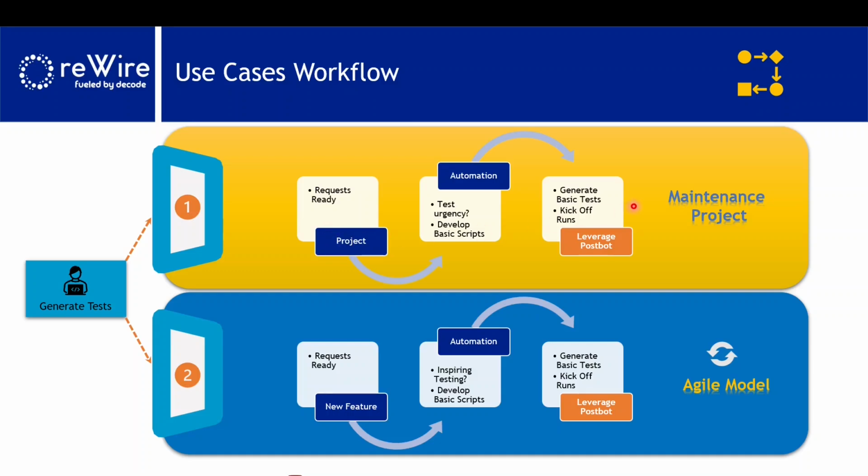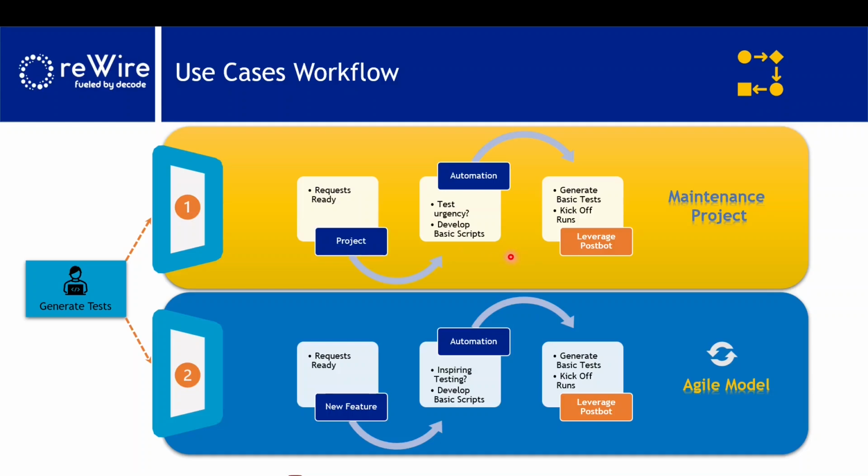But using this particular feature, leveraging Postbot, you can generate basic tests in a span of 5 minutes, and they can be ready for the test run in any environment without any further change.